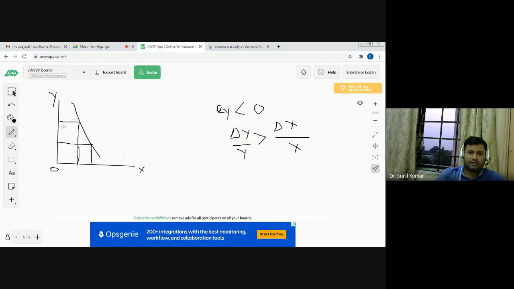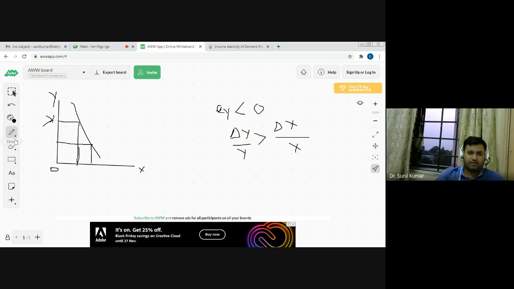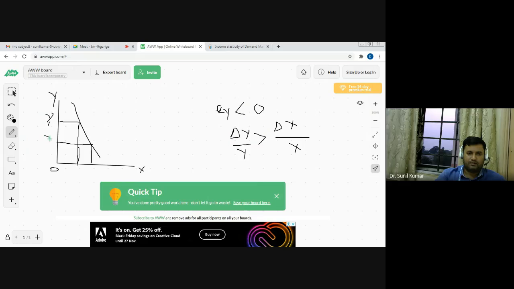So you see the gap. This one is Y1, income increases. Okay, this one is Y1 and this one is Y. So income is increased up to here, but what happens to the quantity demanded? It just decreases.